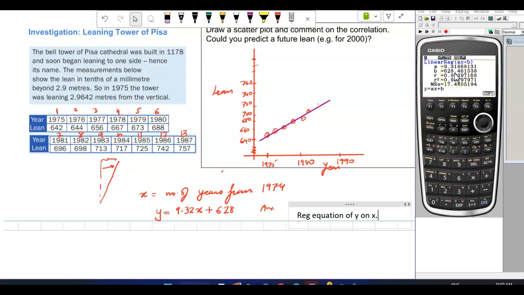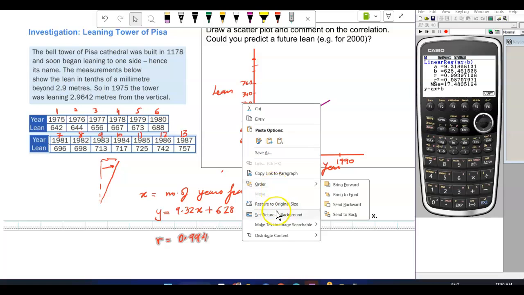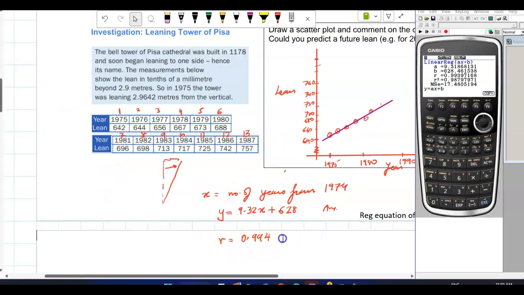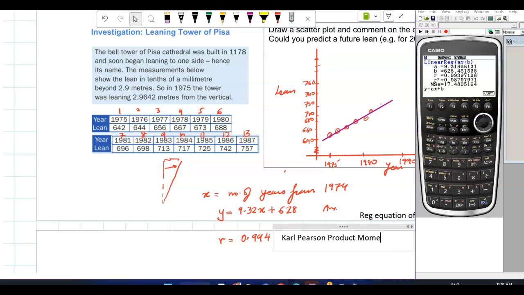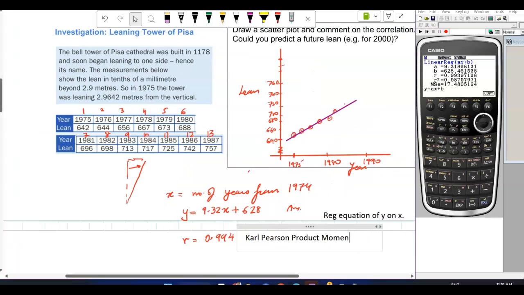R is 0.994. What is the small r called? The Karl Pearson product moment correlation coefficient.